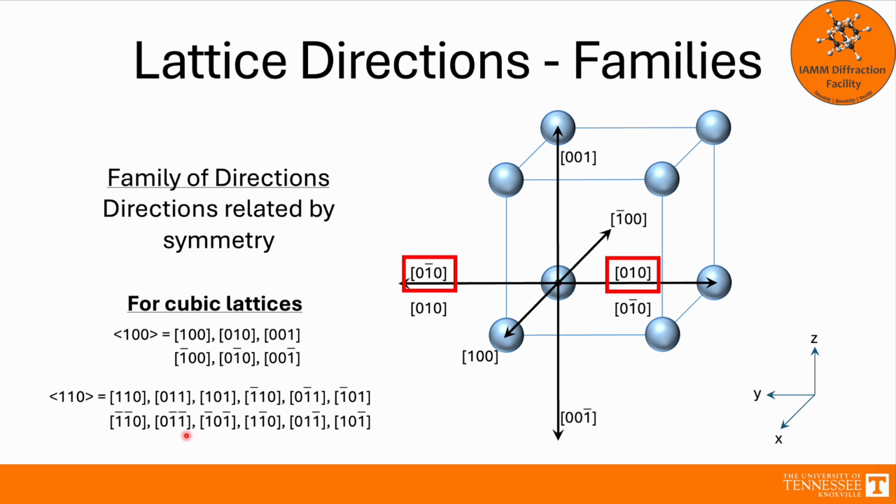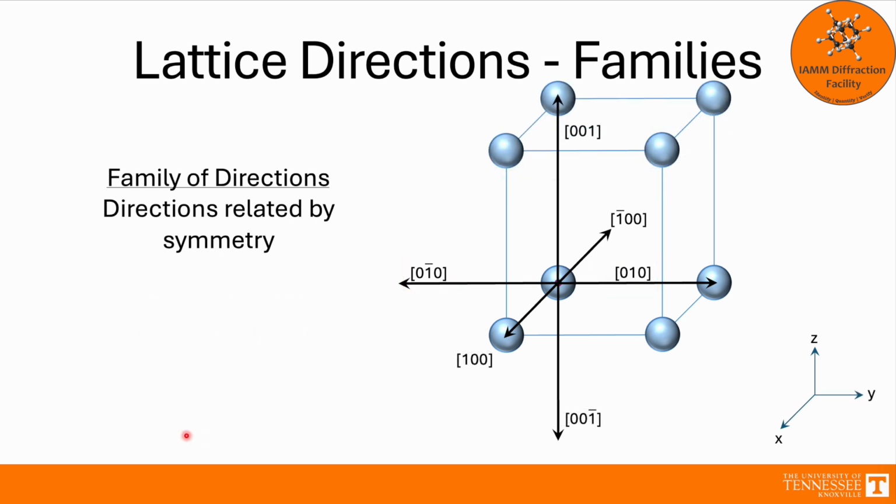Now, I'm not going to go into too much detail on lower symmetry lattices. I will just point out that if we made this into a tetragonal lattice, so now this distance equals this distance, but we made this distance longer, well, this direction is no longer the same as these directions. They're not really related by symmetry because this length is different.